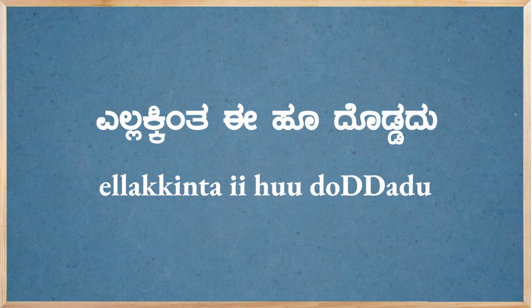This translates to this house is the smallest of all. ಎಲ್ಲಕ್ಕಿಂತ ಈ ಹೂ ದೊಡ್ಡದು. Meaning, this flower is the biggest of all.